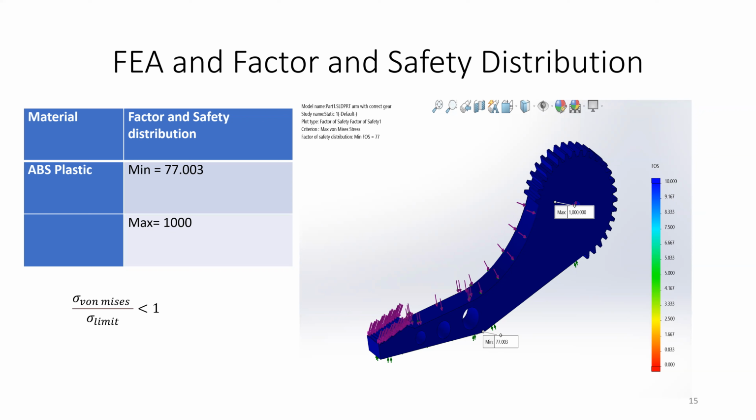The equation below, which is sigma von Mises over sigma limit, means that if the max stress is greater than the strength, it will fail. But as you can see, it is less than 1. That means that any part that is anything below 1 will fail. Since our min was at 77, that means our part passed the test. Next slide, please.